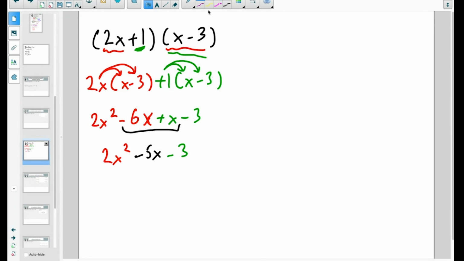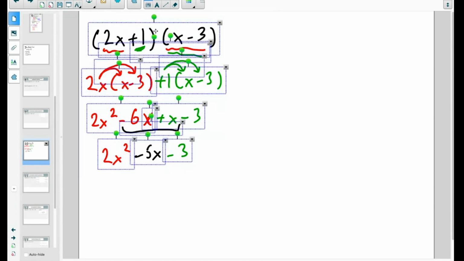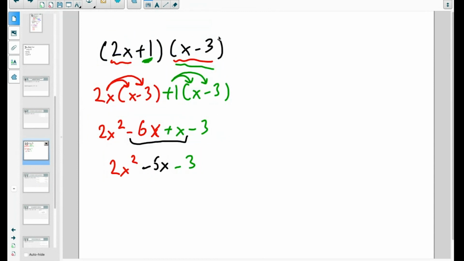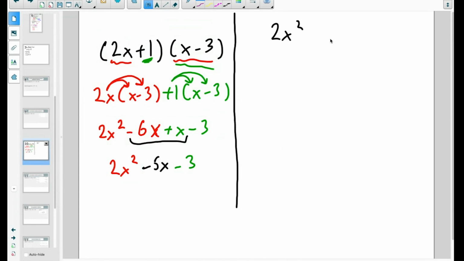So I'll end up with a simplified expression of 2x squared minus 5x minus 3. And this is what we call expanding brackets. Now, if we split this up in the middle and start off at the bottom, 2x squared minus 5x minus 3.